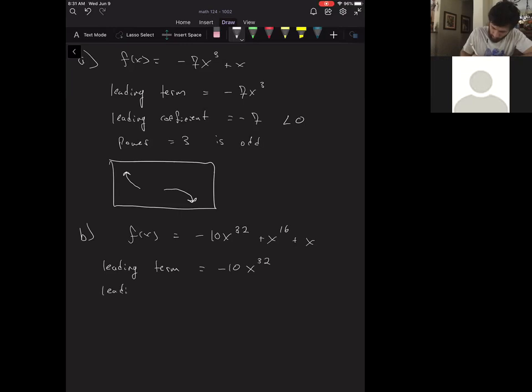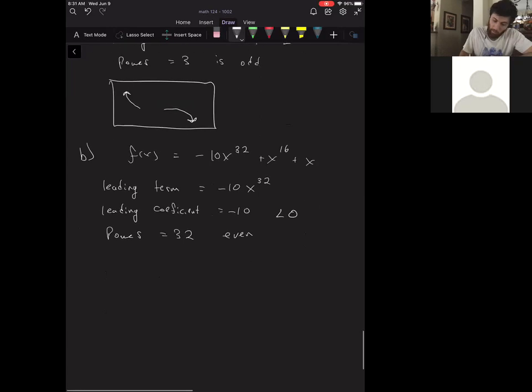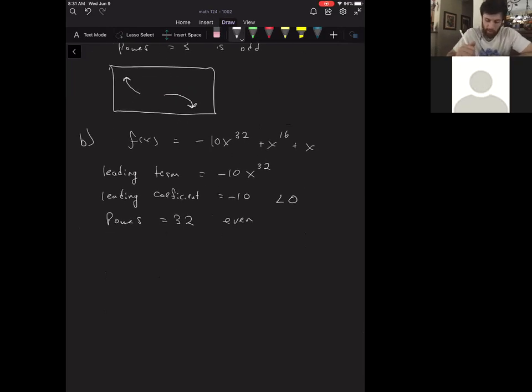Our leading coefficient is minus 10, which is negative, and our power is 32, which is even. So if you go back up to the table above and find which one has a negative leading coefficient and an even power, you'll see that our end behavior goes down on the left and down on the right.